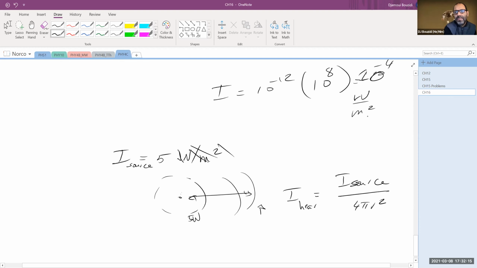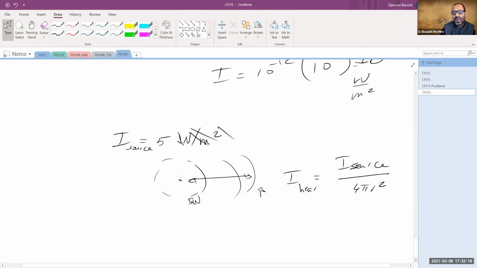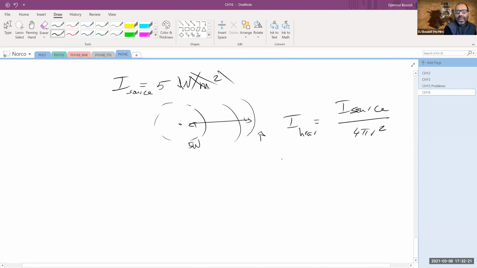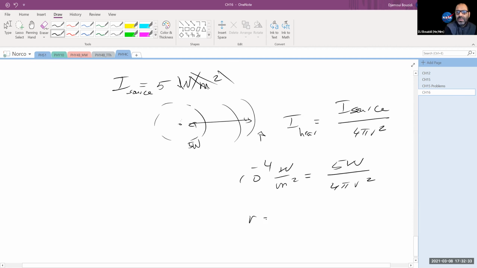So I want to know, okay, how far r is. So if I use the algebra only, and I need to hear 80 decibels, which is 10 to the power negative 4 watts per meter squared. This must be equal to the I of the source, which is 5 watts divided by 4 pi r squared. Obviously, this expression will give me 5 divided by 4 pi times 10 to the negative 4.